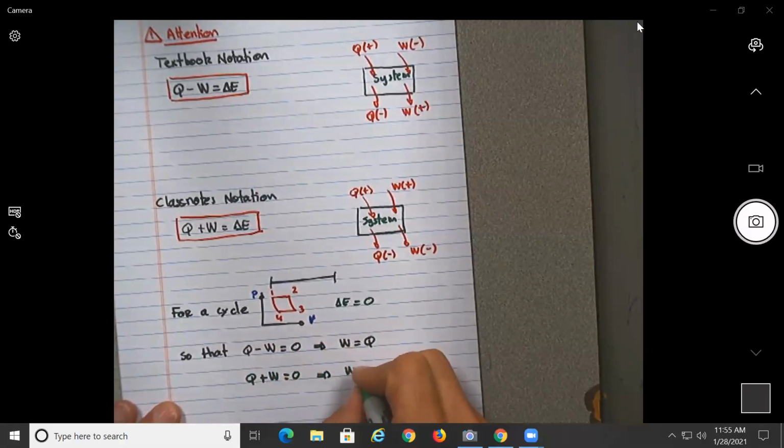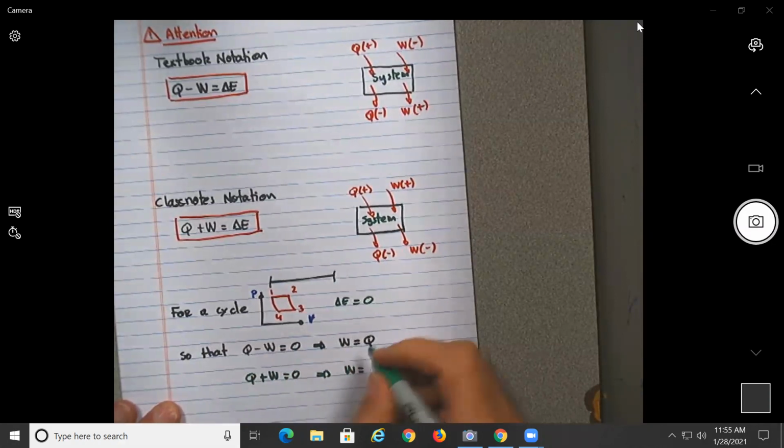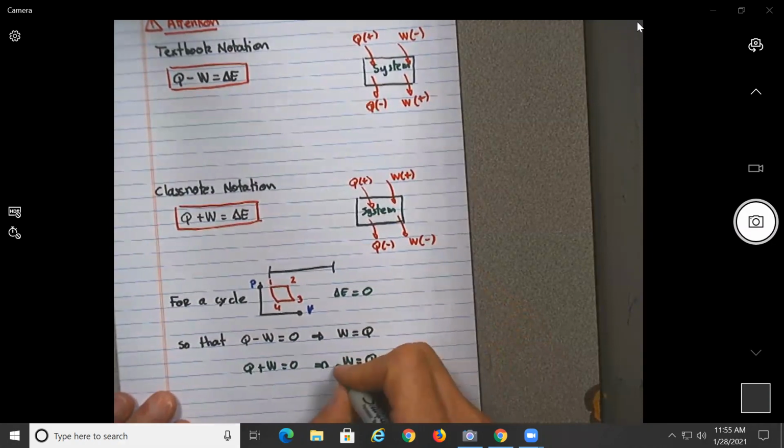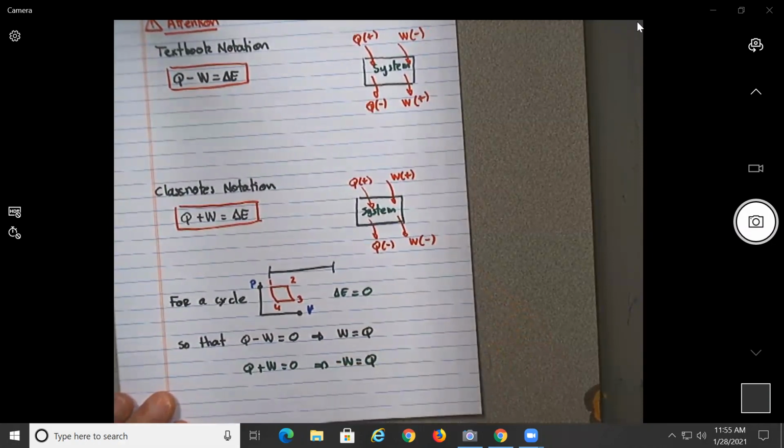Work... Okay, let's say, to make it correct, what should we have over here to make it be correct? Negative work should be equal to Q.